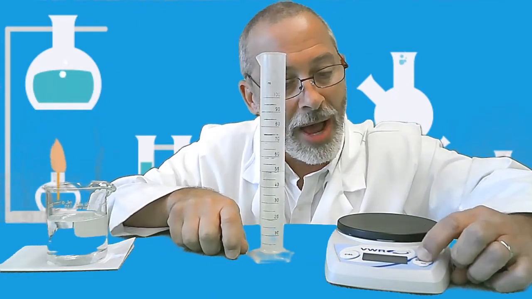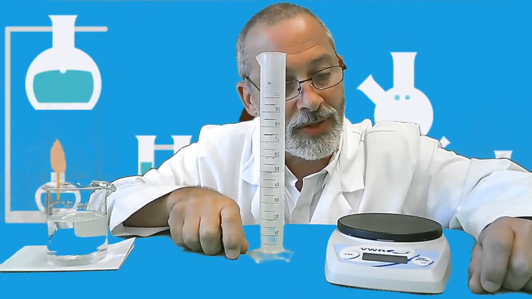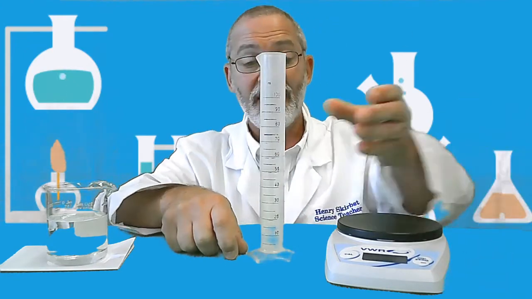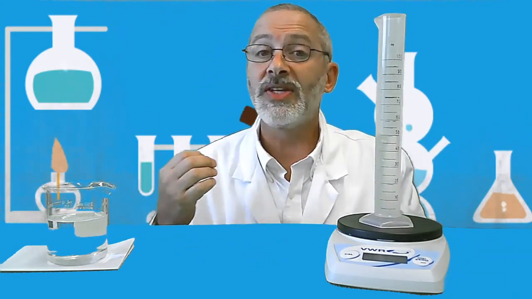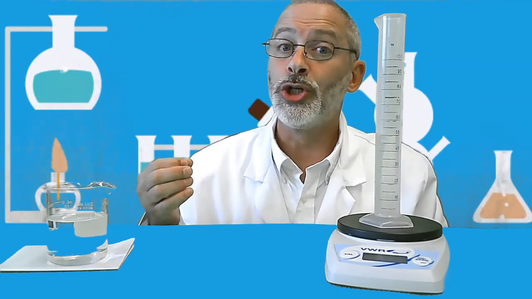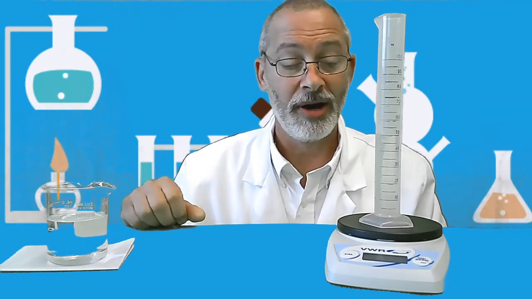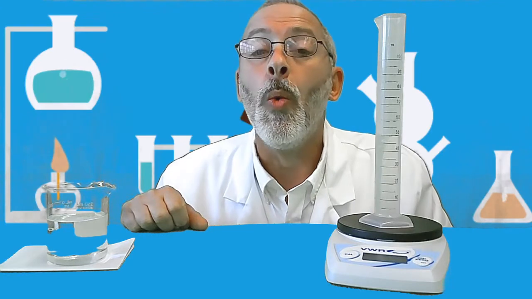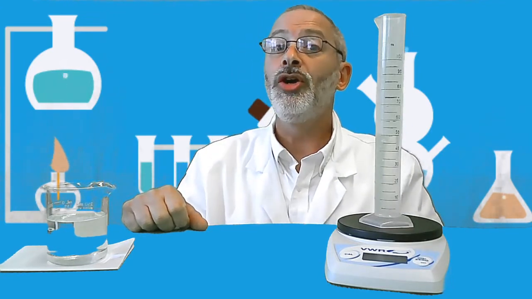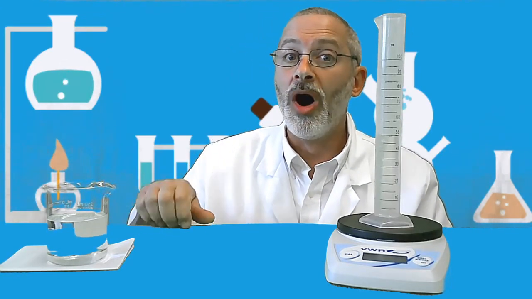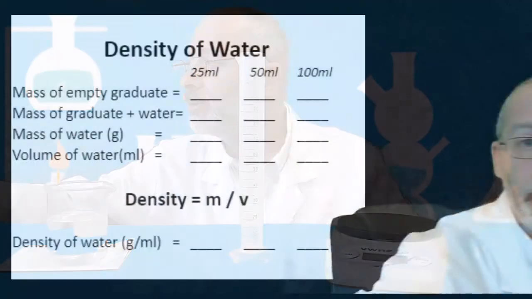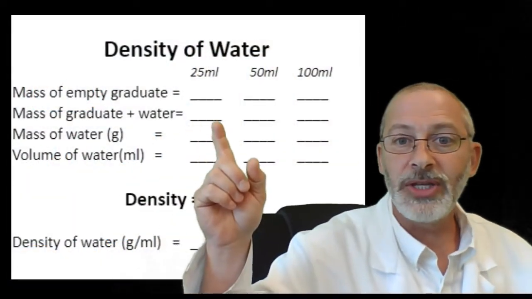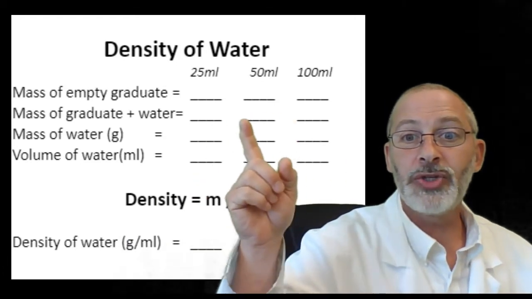I'm going to zero out the balance again. Wait for the 0.0. And then determine the mass of the empty graduate plus the water. And it is 100 grams. 100 grams. So go back to your table of values here, and we're in this space right here.